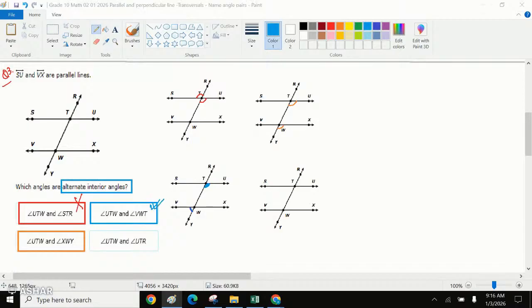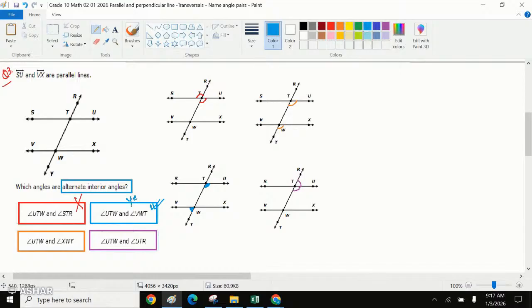Let's look at the next one. The last one would be UTW and UTR. No, they are corresponding angles, right? They're still not. So we have only one option in this case.